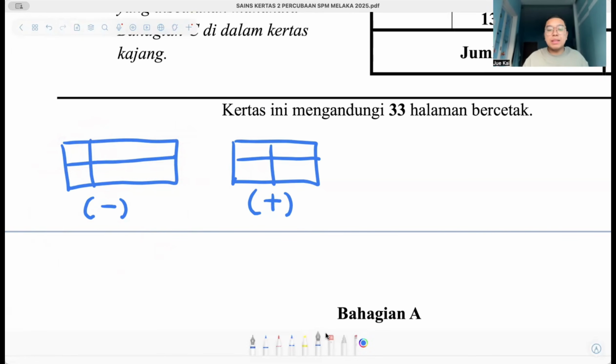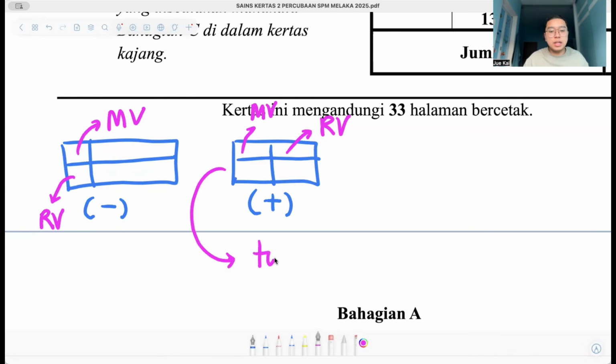So for plus method, where is the MV? The MV will be here. The RV will be here. So this one is really easy. Just the reverse. The MV will be up here. The RV will be below. So it's just something like turning around.